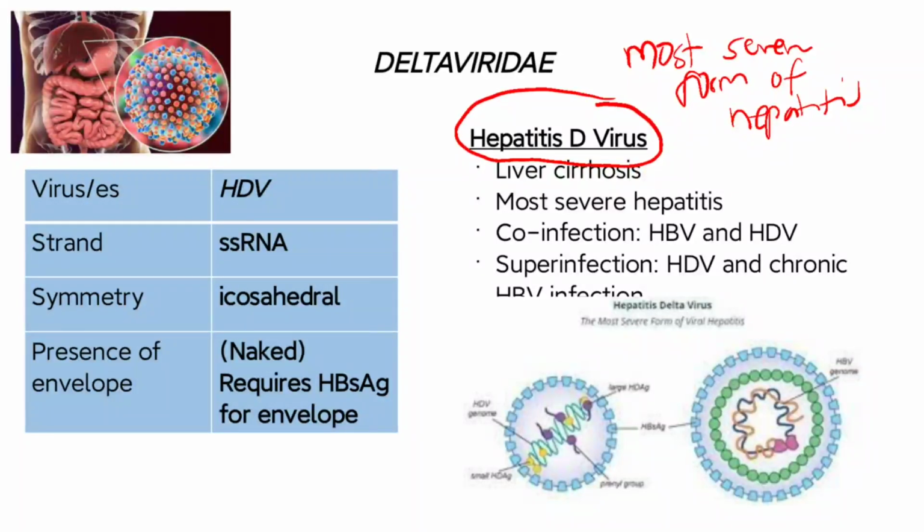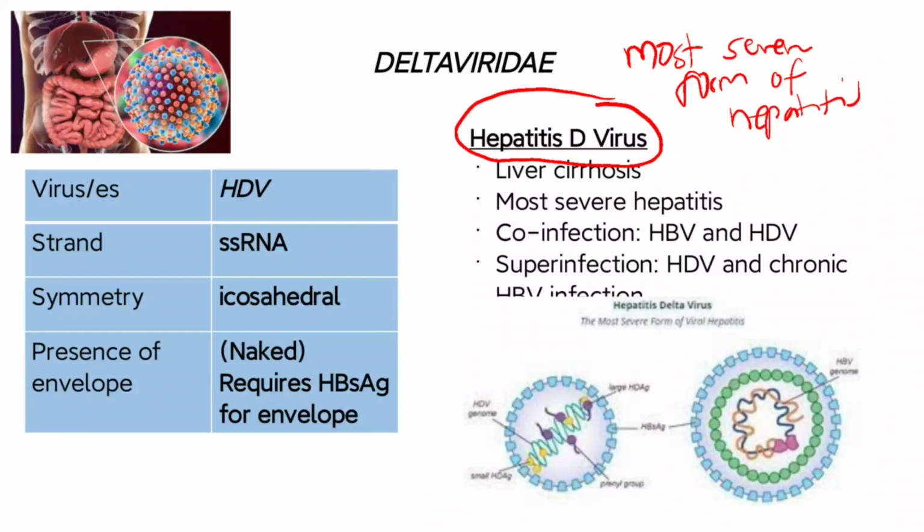Okay? Number 1, we have the co-infection. So, Hepa B virus and Hepa D virus. Pag sinabi namang super infection, yung Hepa D virus na yan, may kasama na siyang chronic Hepa B infection. Ibig sabihin, sobrang tagal na ng hepatitis B doon sa pasyente mo, sobrang lala na ng atay niya.